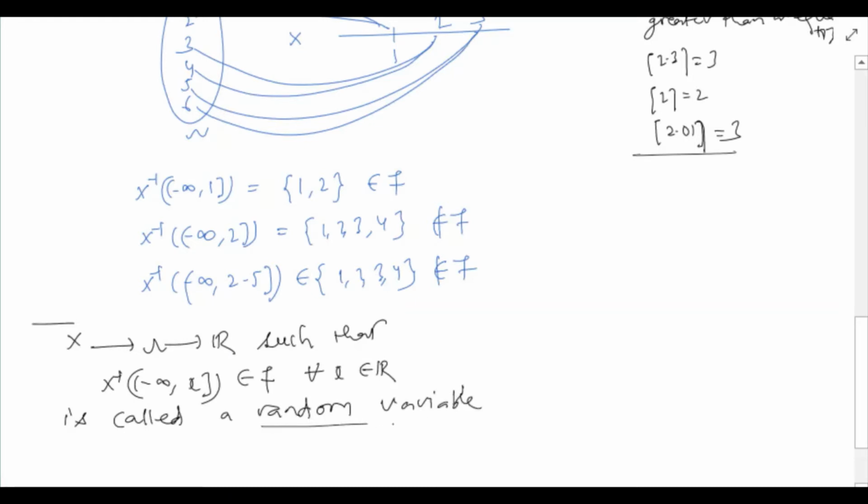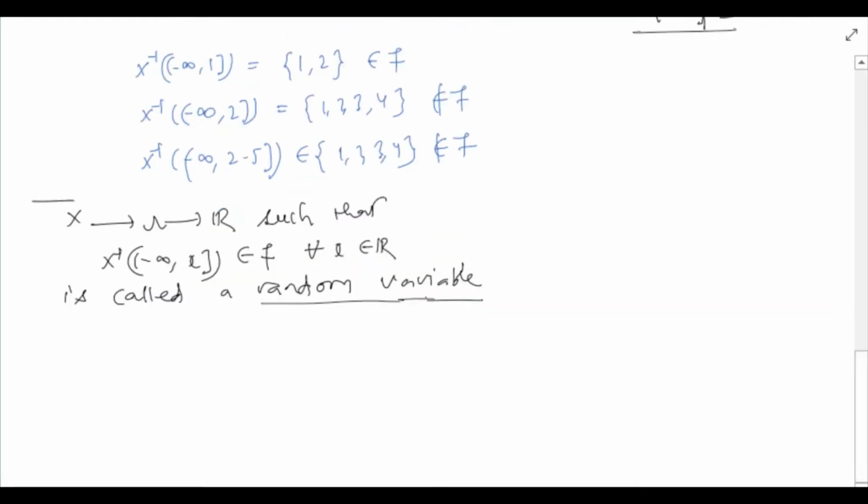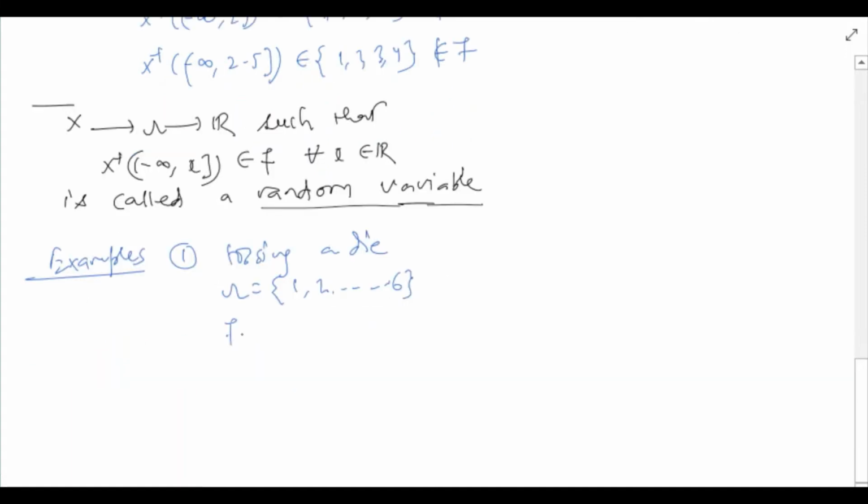Let us illustrate this definition of random variables with a few more examples. Let us again consider the experiment of tossing a die. As before, the sample space is 1 to 6. Let us consider the event space to be the empty set, the whole set, {1, 3, 5} and {2, 4, 6}.